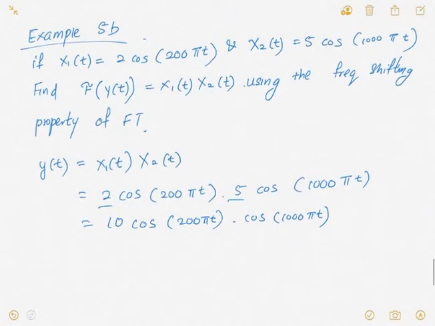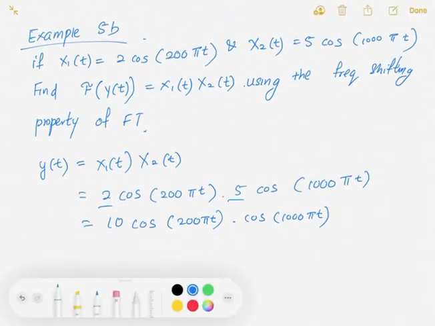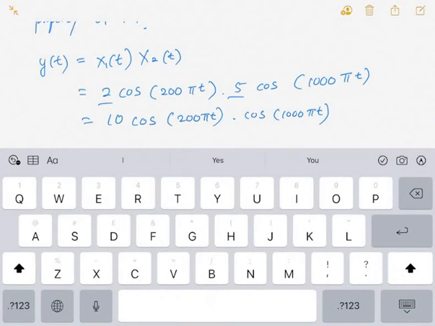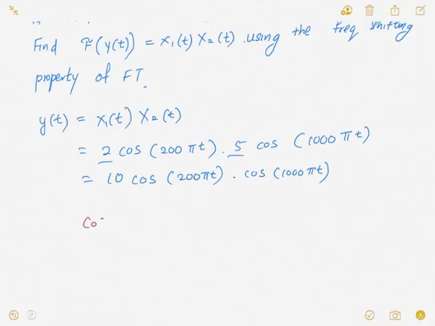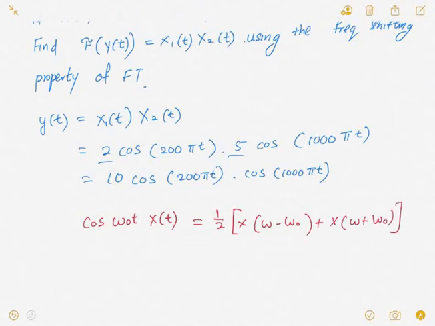If you refer to a property, you will have a property like this: cos omega naught t x(t) corresponds to half of X(omega minus omega naught) plus X(omega plus omega naught). So this is the modulation property, right? This is the modulation property.